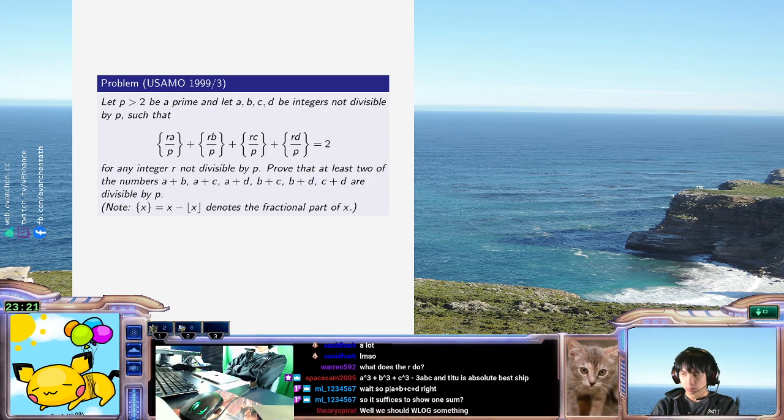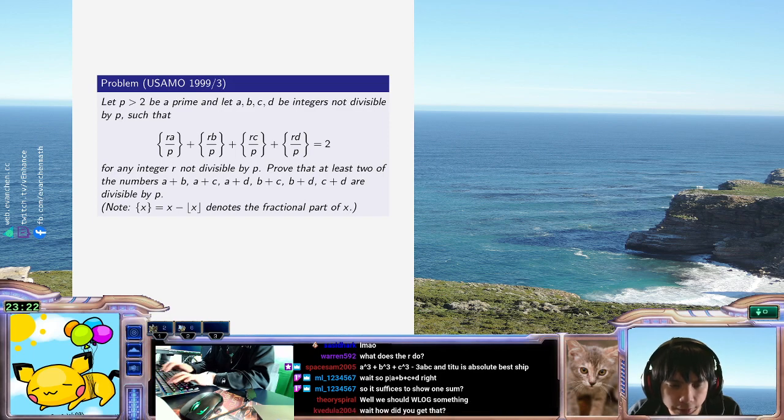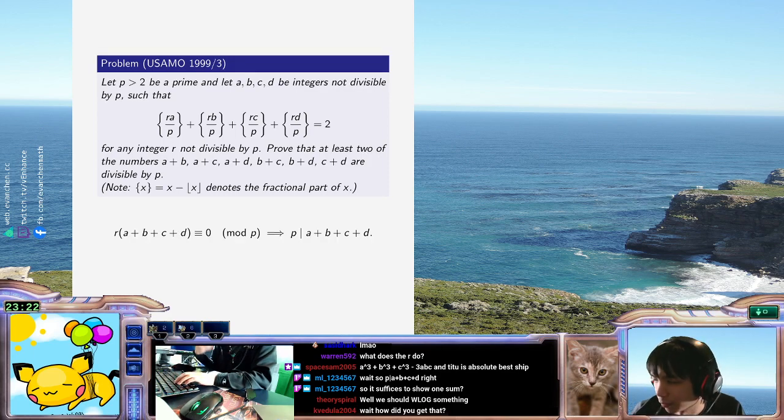Wait, yeah. So apparently the statement is we definitely have A plus B plus C plus D is 0 mod P, so we always have P divides A plus B plus C plus D. Right, the problem statement just implies this.